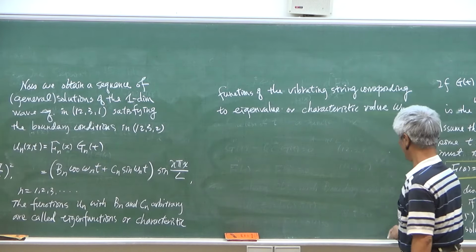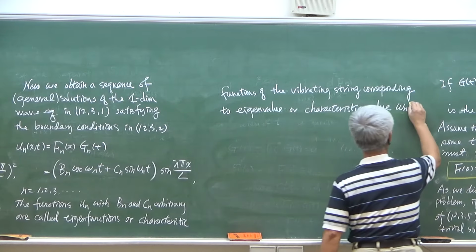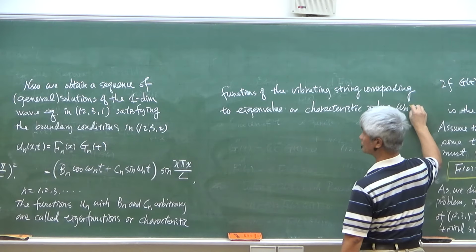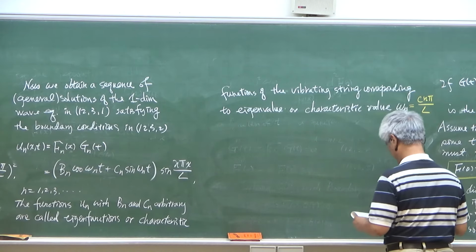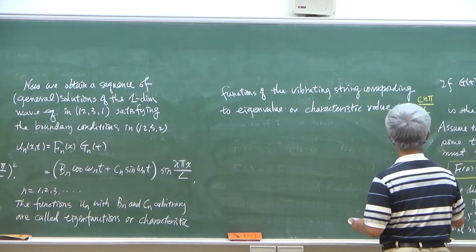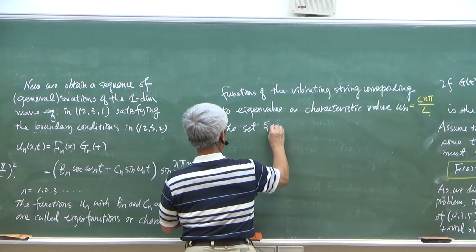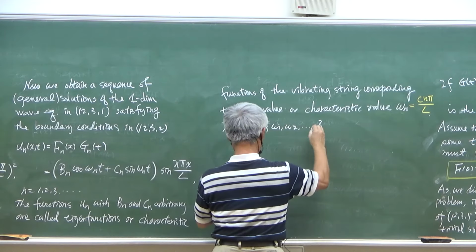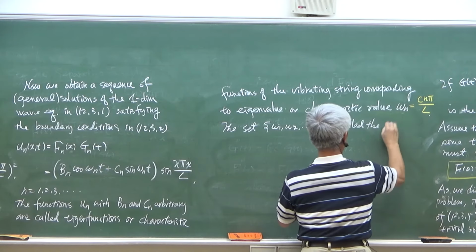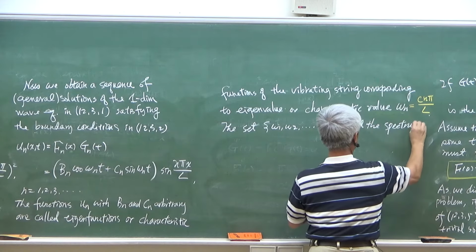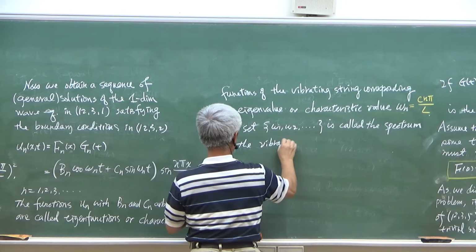Remember, omega n is equal to c n pi divided by L. So the set omega 1, omega 2, etc. is called the spectrum of the vibrating string.